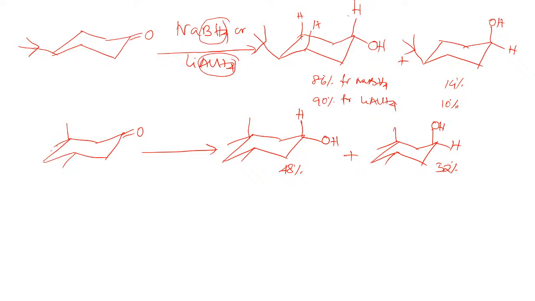This clearly tells that if you put a methyl substituent in this axial orientation, then this interaction with the hydride is quite significant, because earlier it was between two hydrogens, now it is between a methyl and hydrogen, so that's why you get only 48%. Earlier it was 86% or 90%, now it is 48%, and you get the equatorial attack 52%. So that has become major now.